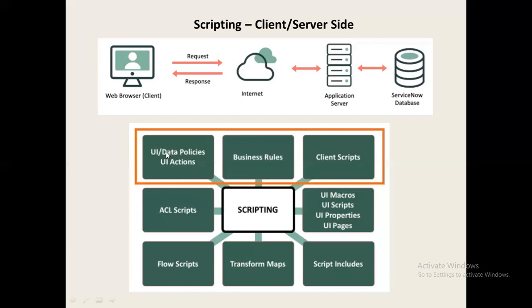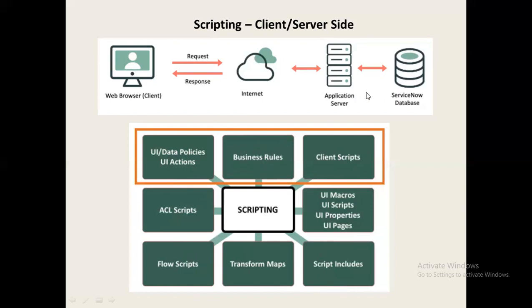So see, where all do you use scripting? You use scripting in UI actions, UI policies, data policies, business rules, client scripts, UI macros, UI scripts, UI properties, UI pages, script includes, transform maps, source scripts, ACL scripts. These are different areas where you have scripting. Now, if I were to tell you one by one, just understand this.